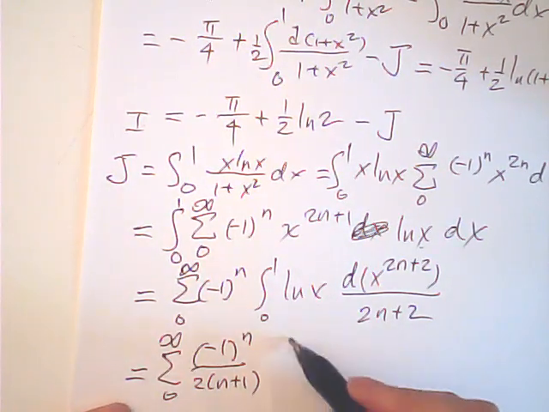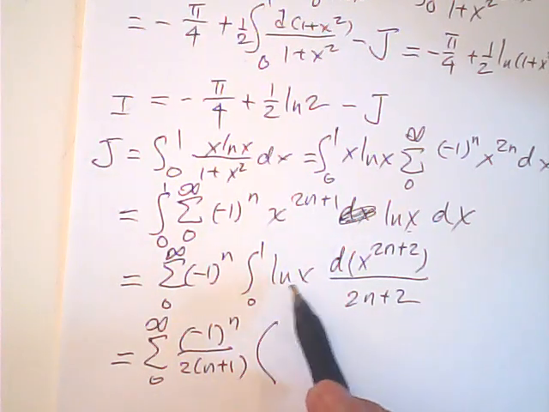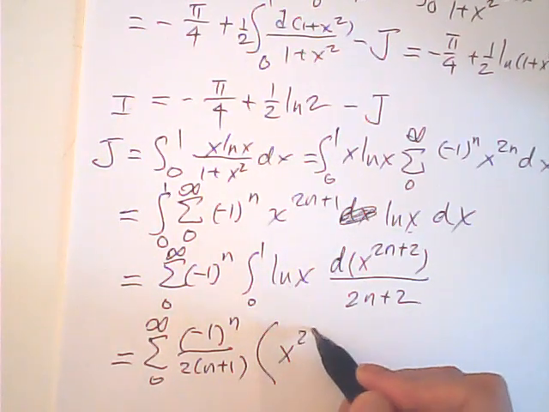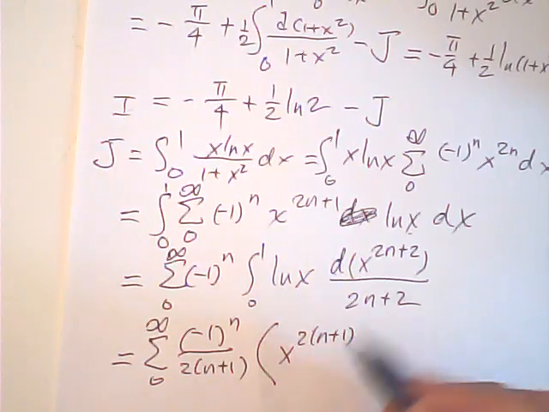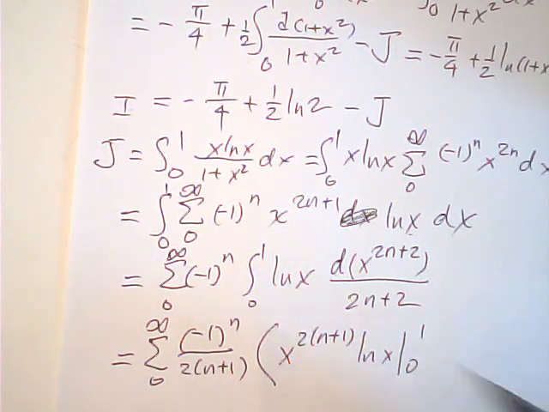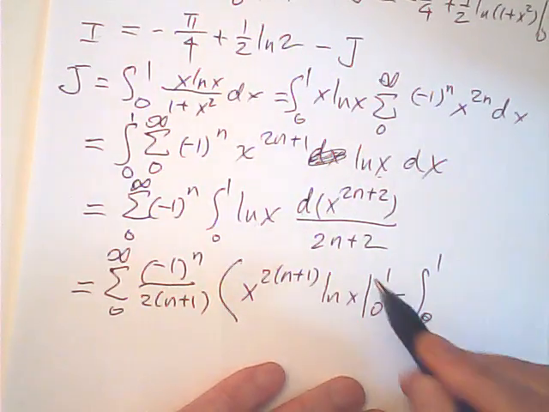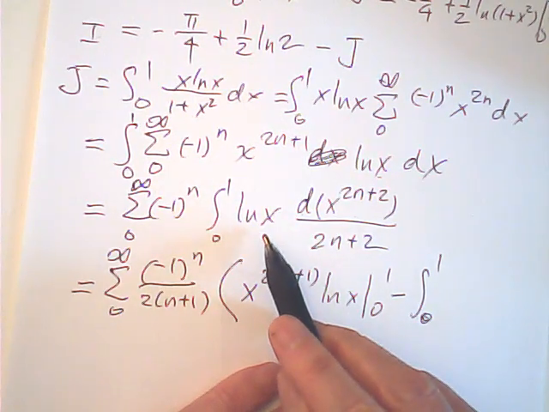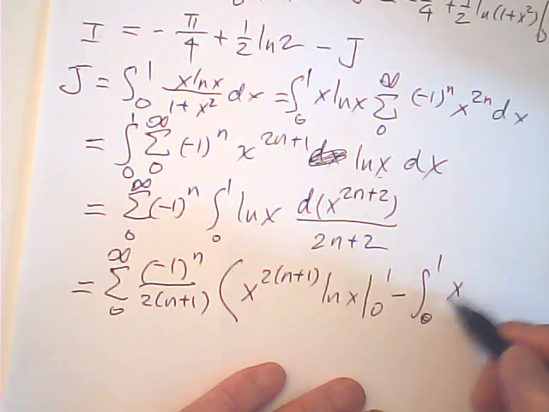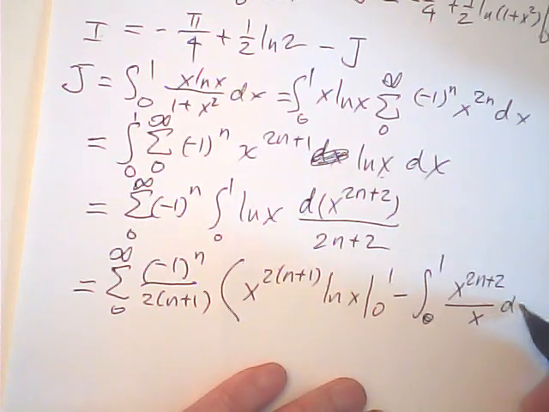And that is good for by parts, u dv. So it's u, that is this one, times v, minus v du. v is this, x to the 2n plus 2. du is 1 over x.